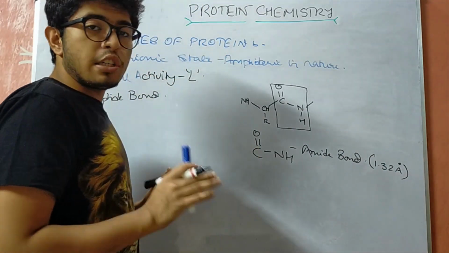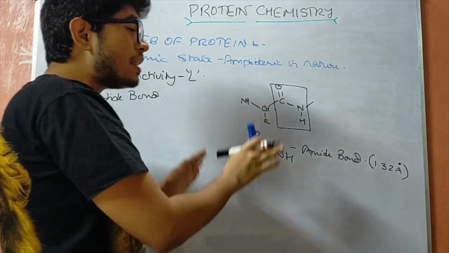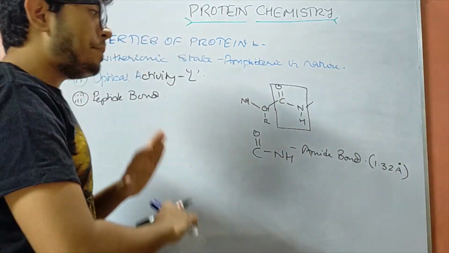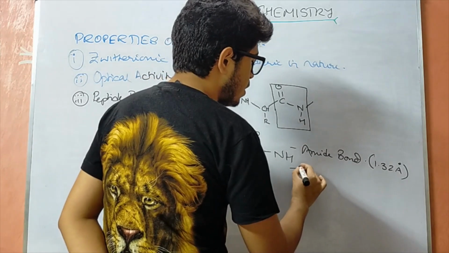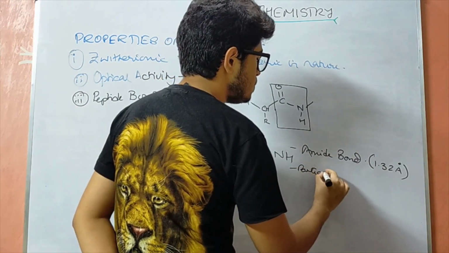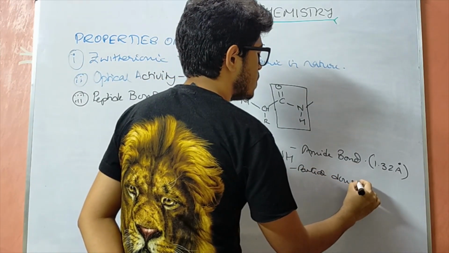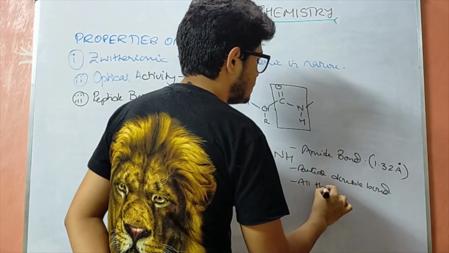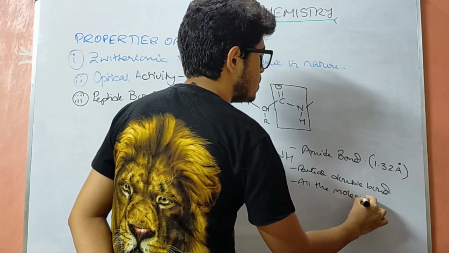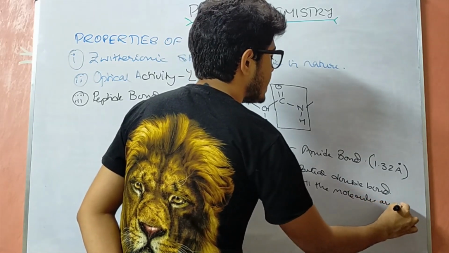It has a bond length of about 1.32 angstrom, so it has a partial double bond character. All the 6 atoms are present in the same plane. All the molecules are in the same plane.